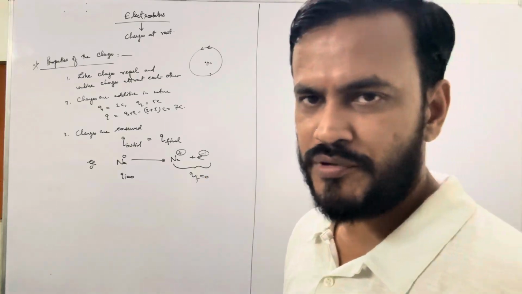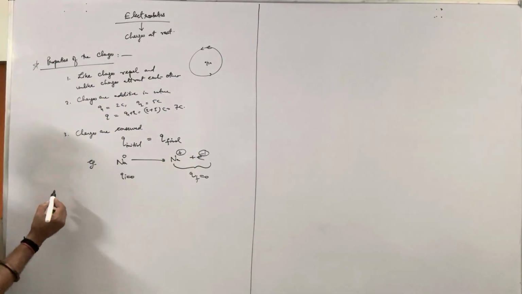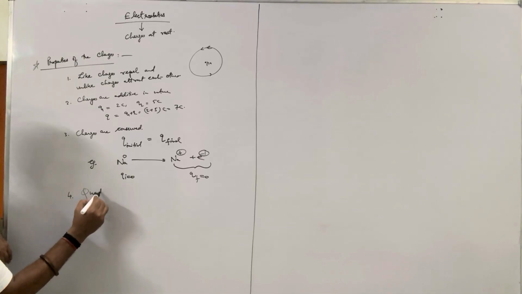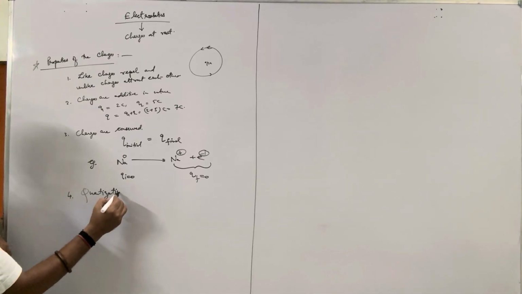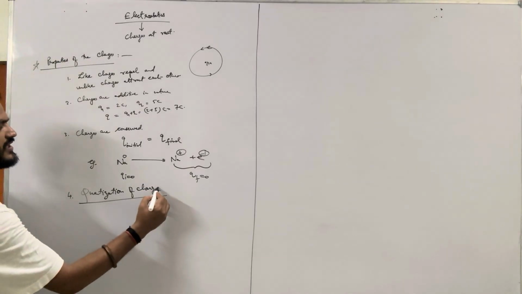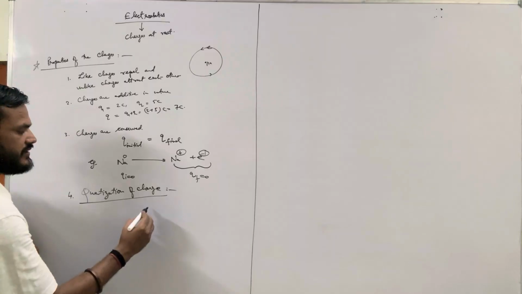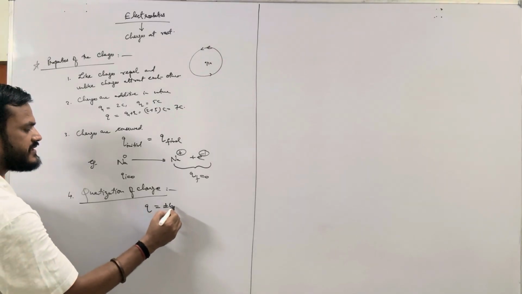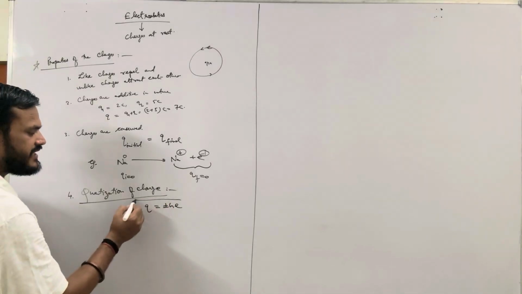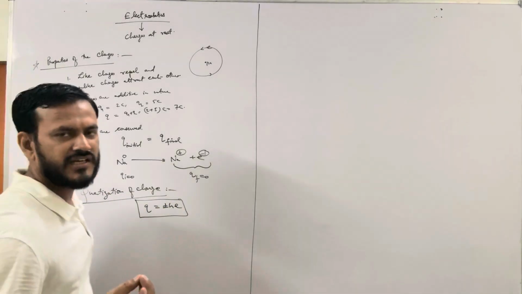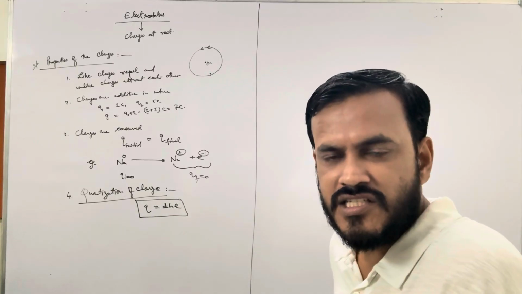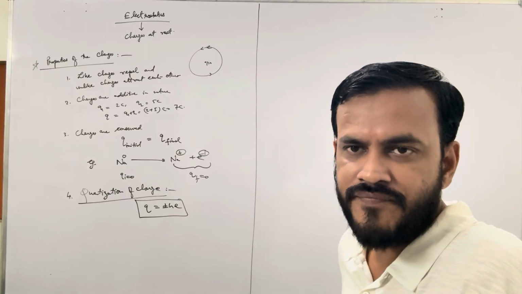The fourth property, which is an extremely important property, is quantization. What does quantization mean? It means that Q is equal to plus minus N e. It says that the smallest possible charge that exists freely in nature is equal to the charge on an electron.